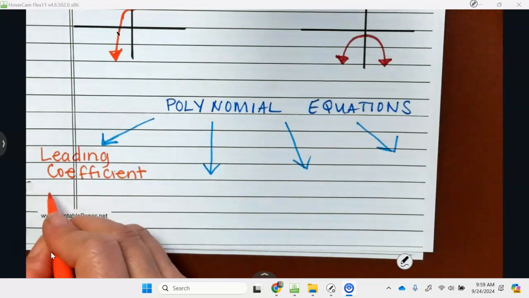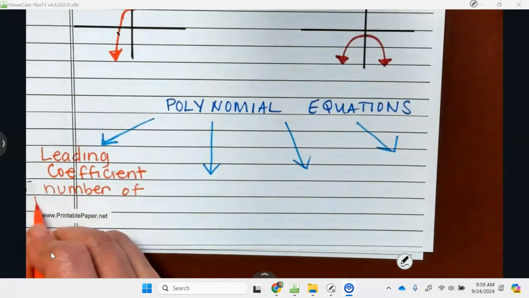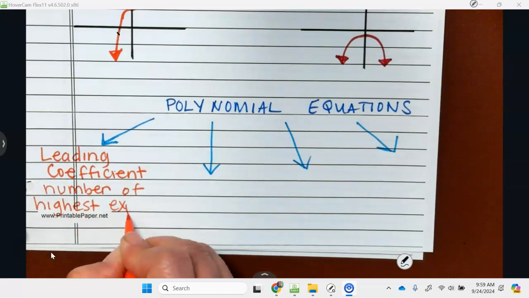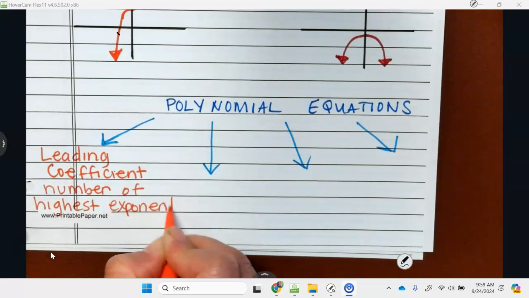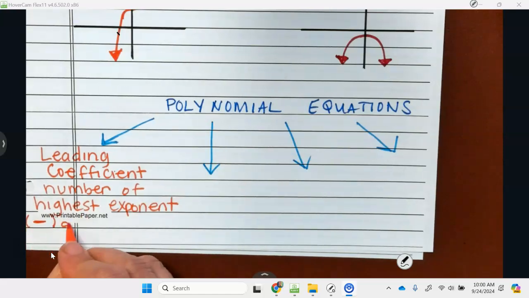It is always the number of the highest exponent. Now remember, if it's negative, negative coefficients are down on the right.